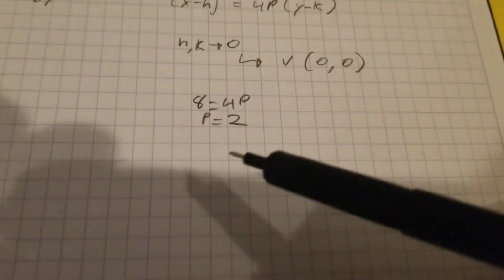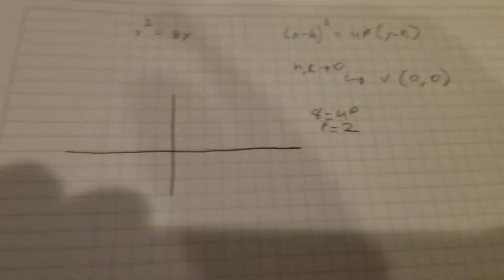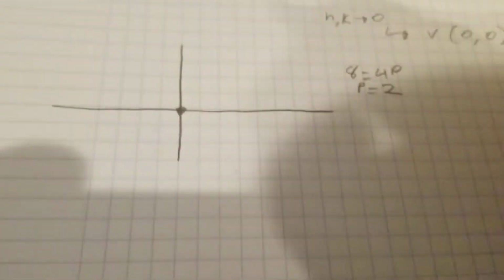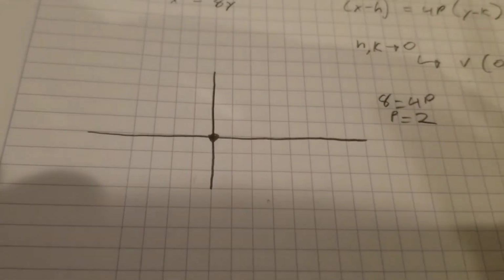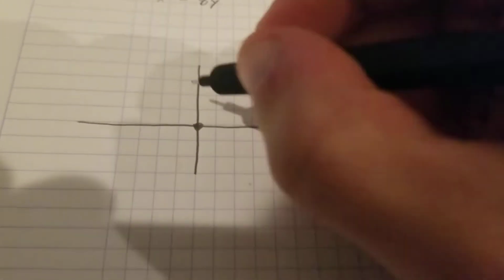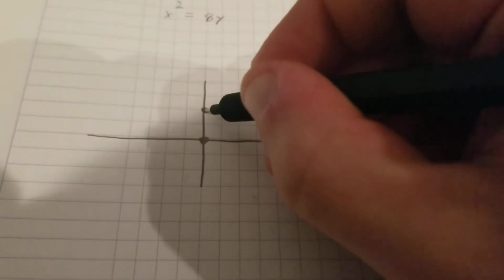So now that we've got our p and we've got our vertex, we can make a quick, rough graph. Again, we know our vertex is 0, 0. And then we know that our focus is p units up from the vertex, so we're going to go up 2: 1, 2.